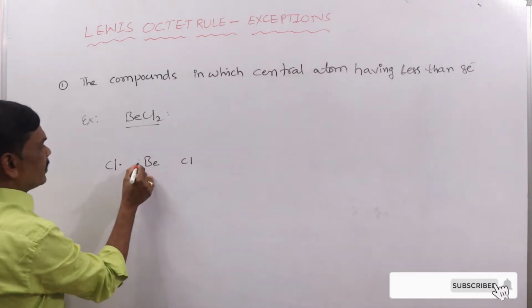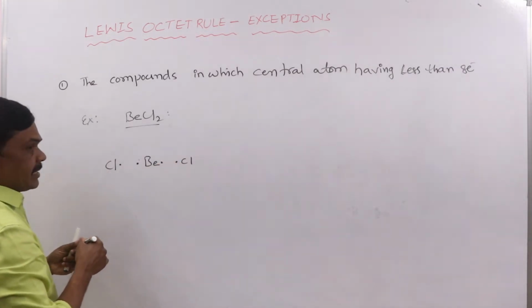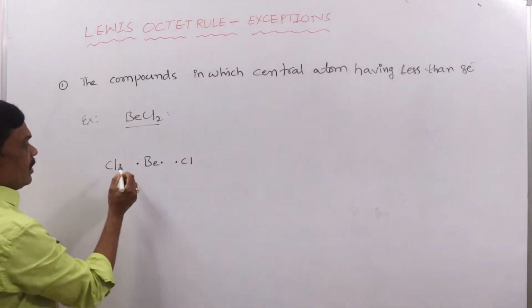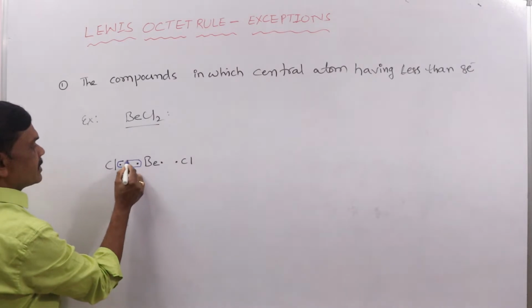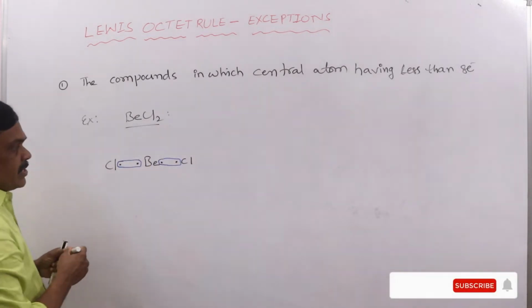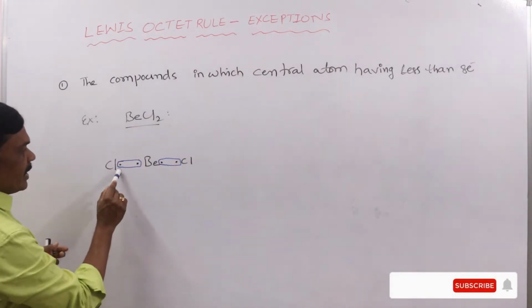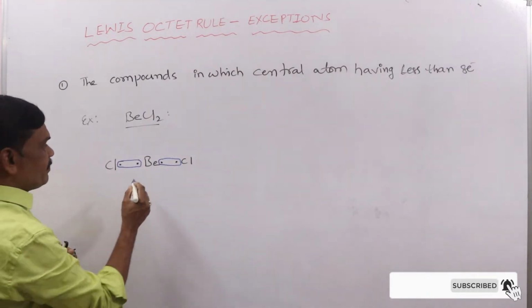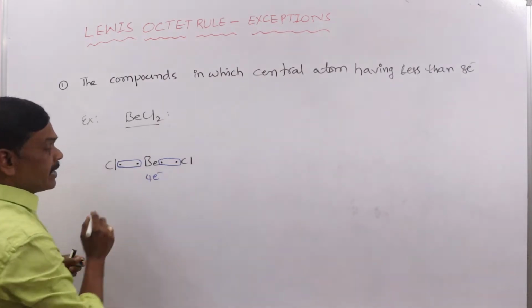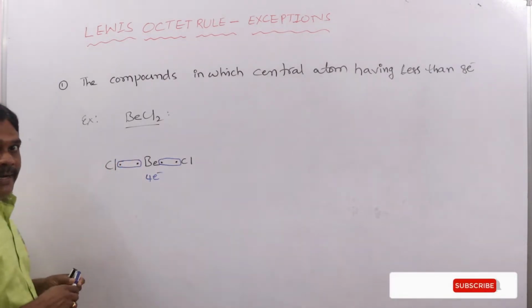Here there is a bond between beryllium and chlorine. Now in the formation of beryllium chloride, how many electrons are utilized? 1, 2, 3, 4. So only 4 electrons are utilized. So it is less than 8 electrons.